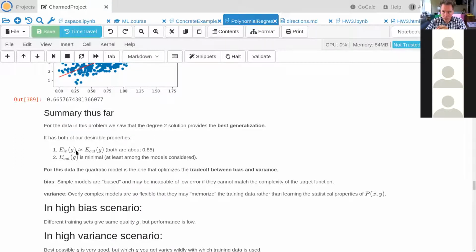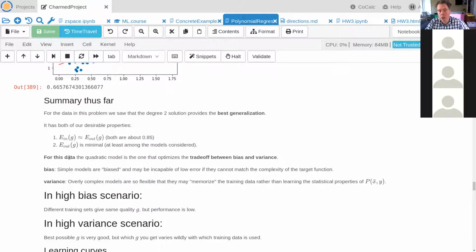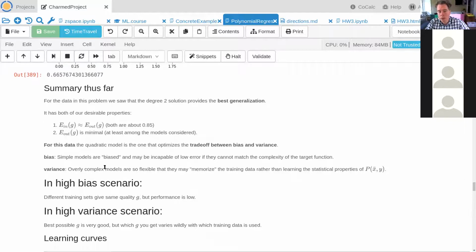But usually it's just out there and we don't know it. So we want E_in to be close to E_out, and we also want E_out to be as small as possible. The model that does these two things the best is the quadratic model.